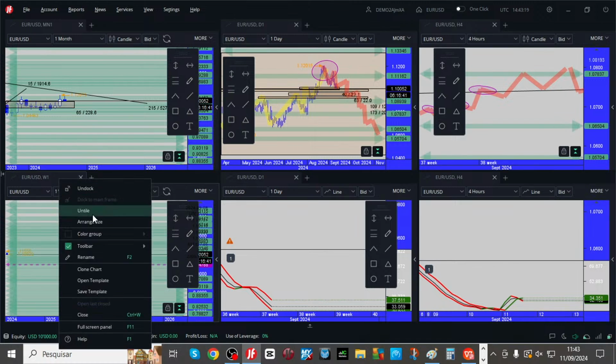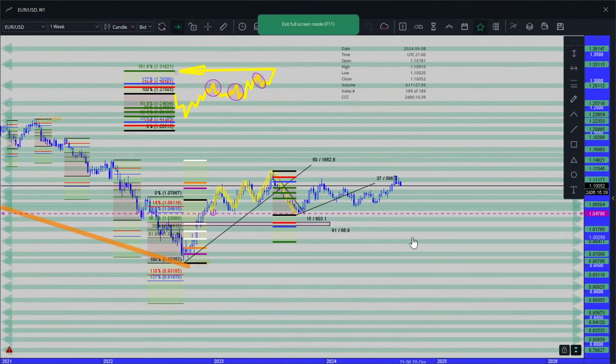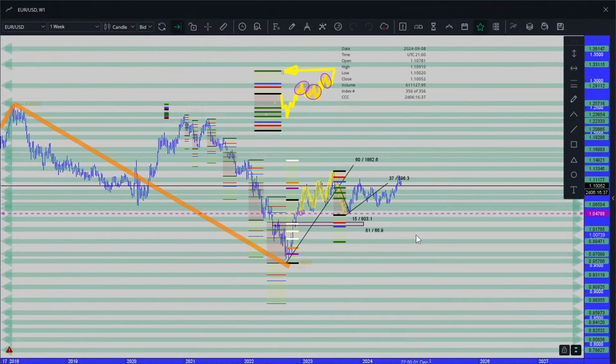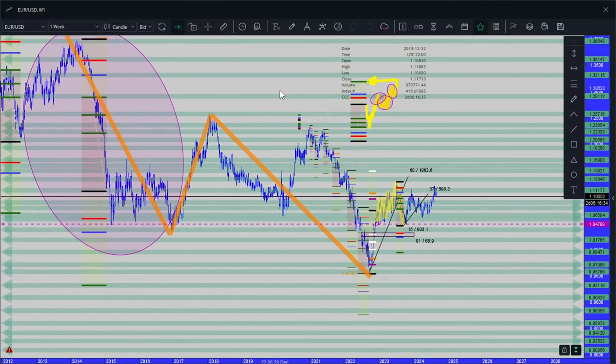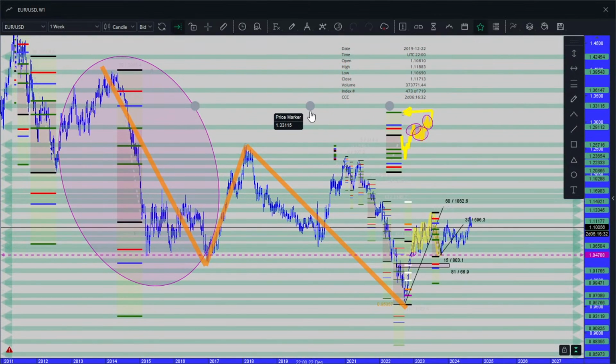If I go on the weekly, is the market wave really down? Everybody, is the market wave really up?